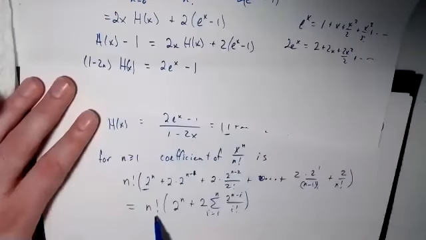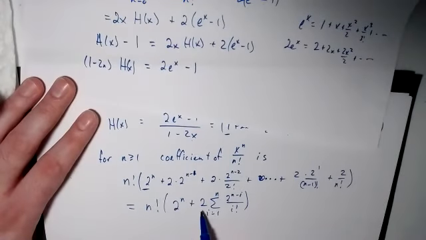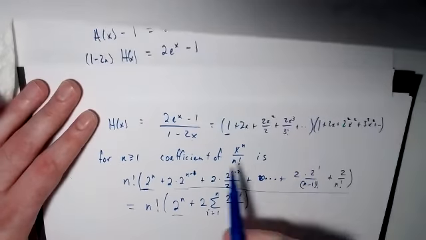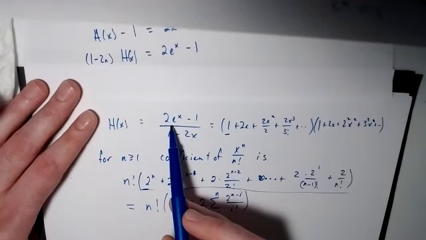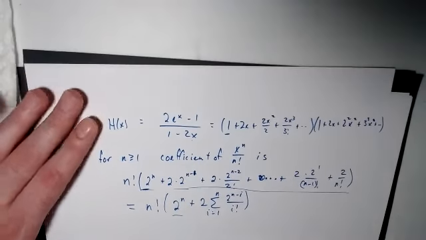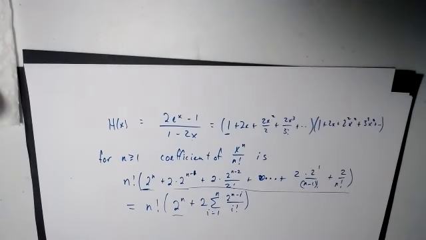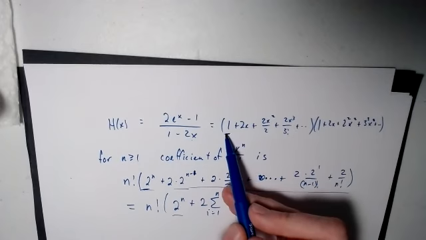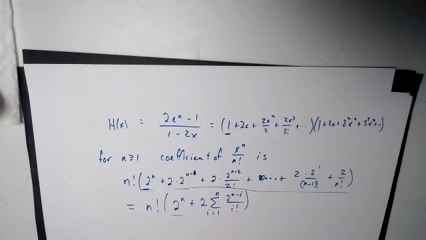Okay, so n factorial times 2 to the n plus 2 times the sum as i goes from 1 to n of 2 to the n minus i over i factorial. This part represents all of these, and we just have to have a separate piece for the front because that was 2 e to the x minus 1, so we don't have a 2 here, even though we have it everywhere else.